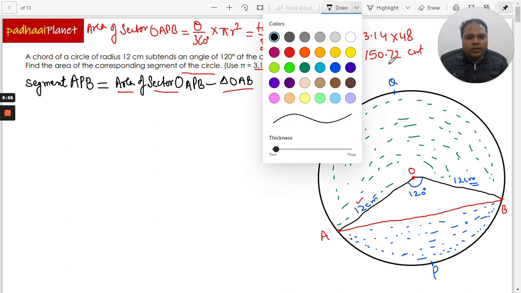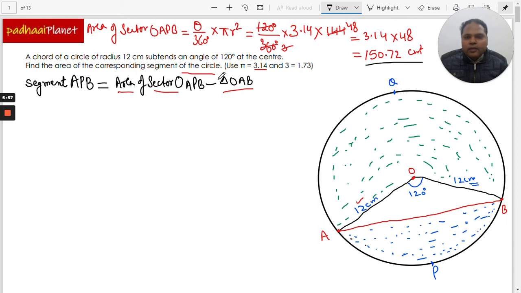So this is the area of the sector OAPB, and now we will find out the area of triangle OAB.